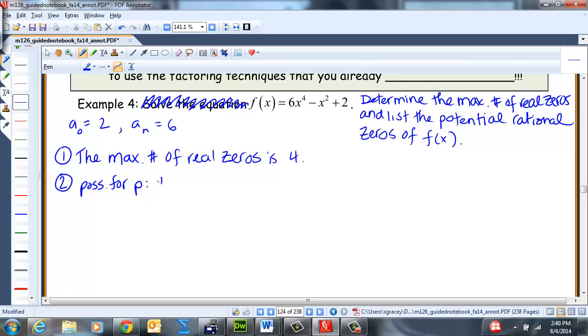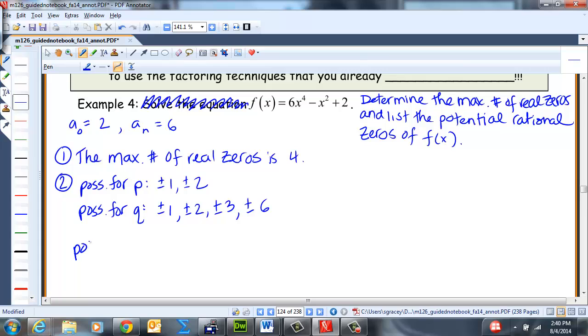So plus or minus 1 and plus or minus 2 are the possibilities for p. Possibilities for q are, so q has to be a factor of 6. So plus or minus 1, plus or minus 2, plus or minus 3, and plus or minus 6.